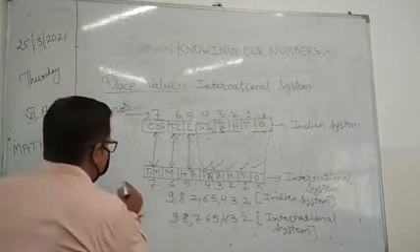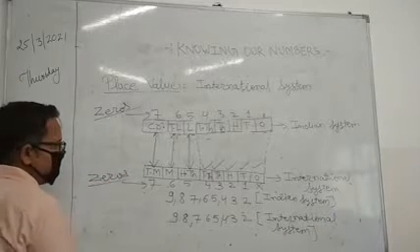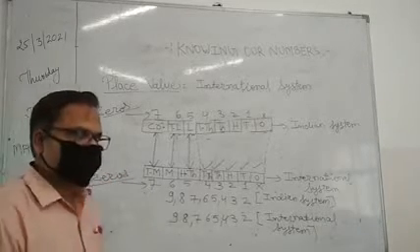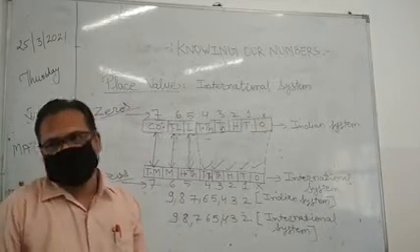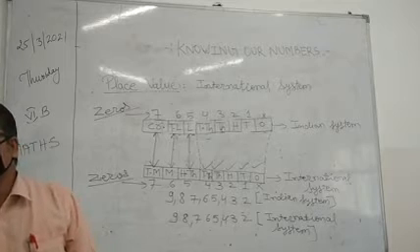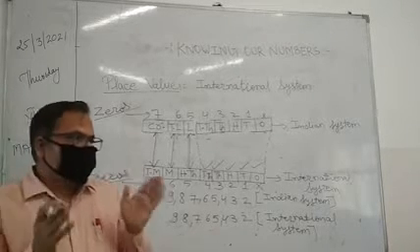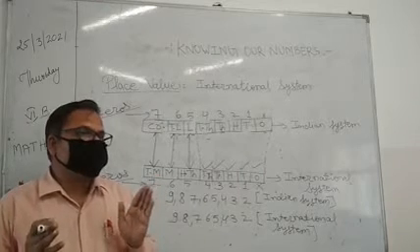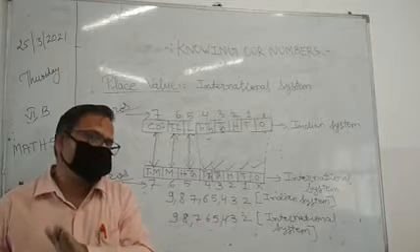So there also we are putting zeros in the international system. Is that clear? If I say 1 million, it means there should be 6 zeros after the 1.